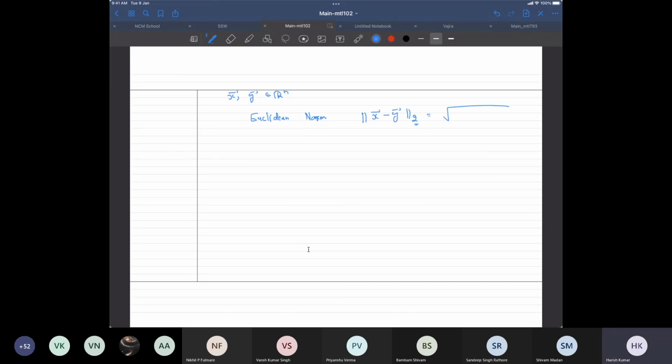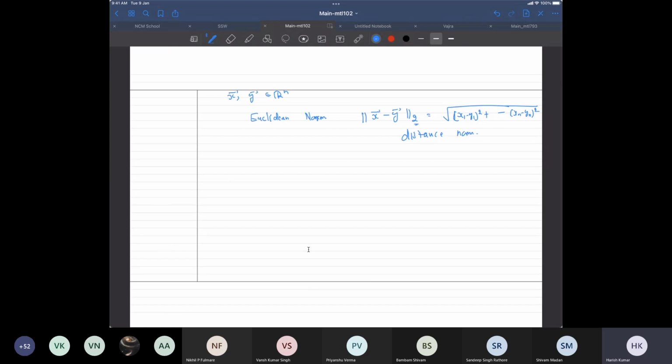This will be the square root of (x1 minus y1) squared plus ... plus (xn minus yn) squared. All of you are seeing this. This is also called the distance norm. Basically, it represents the distance in this xy space between these two points. Agree? All of you have seen this, right? Yes, sir.